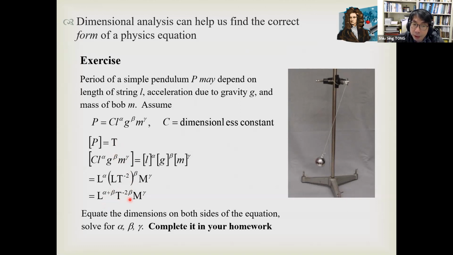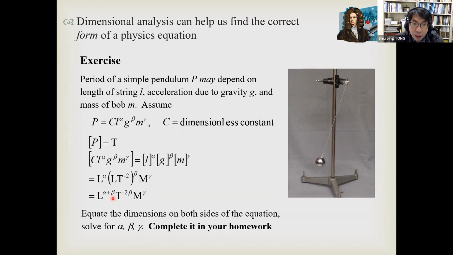So what should be alpha, beta, and gamma? I immediately realized that gamma should be 0, because otherwise there would be no way for us to get rid of the mass, because the left-hand side does not contain the mass. So the right-hand side should not contain the mass, right? And the only way that you can get rid of the mass is that you don't have that dependence. And you don't have that dependence means that gamma is 0.